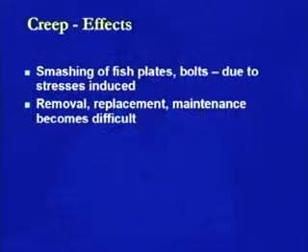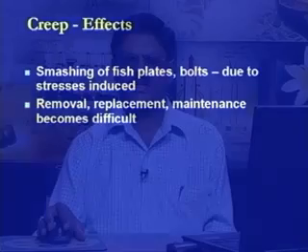Then the next aspect is that removal, replacement or maintenance becomes difficult. At this location where the two rail sections are abutting each other, we have different things which may need to be removed. It may be the rail sections, the fastenings which have been used, or the sleepers which have been provided at the bottom.